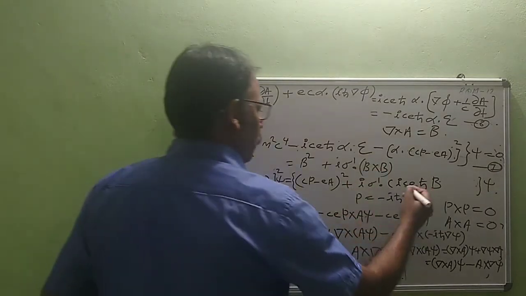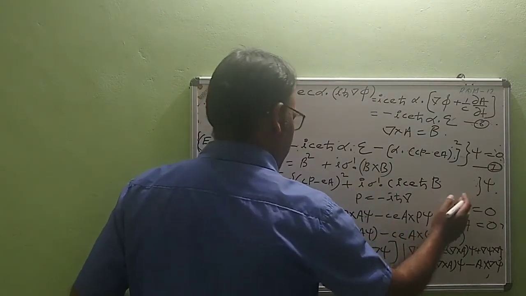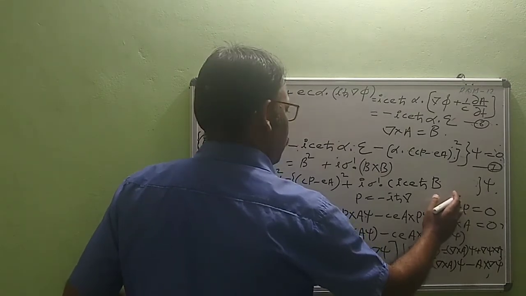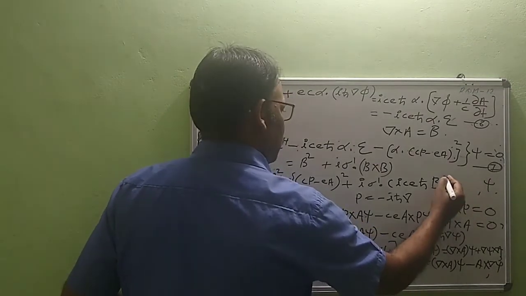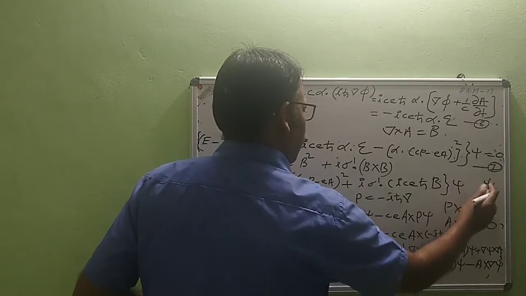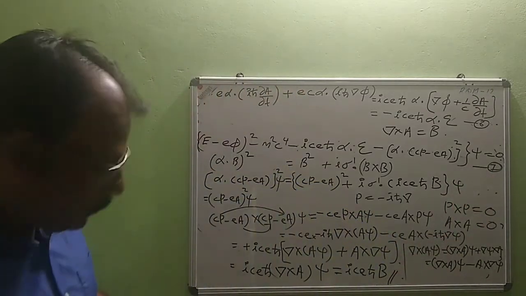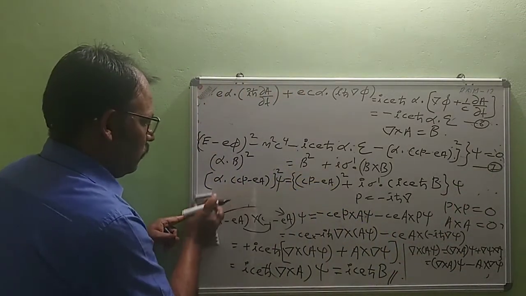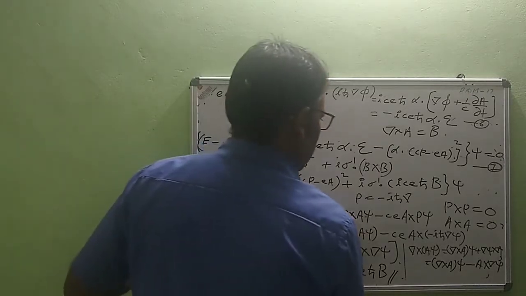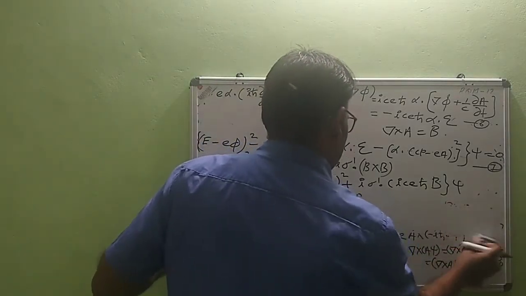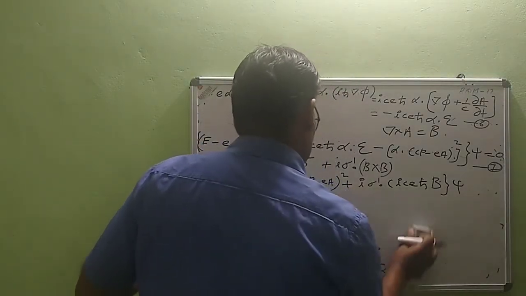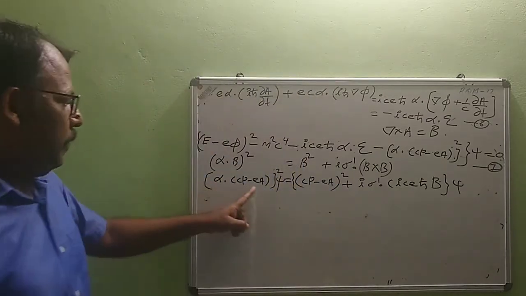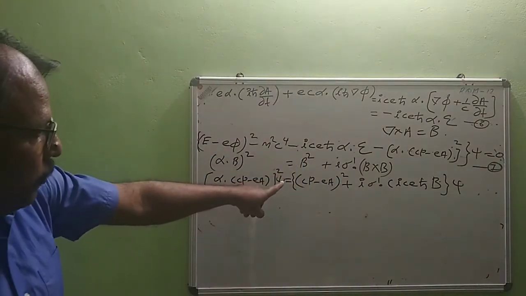So this term will be i e h bar B operating on the wave function psi. So what is alpha dot Cp minus Ea the whole square operating on psi?